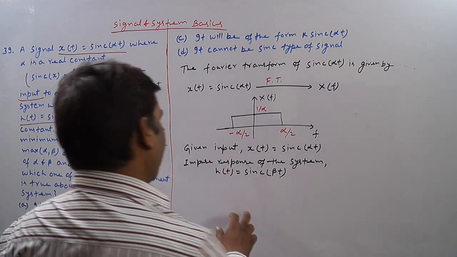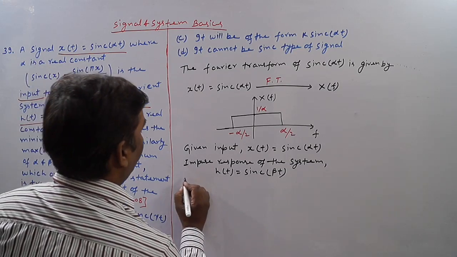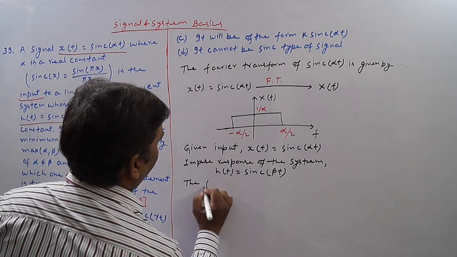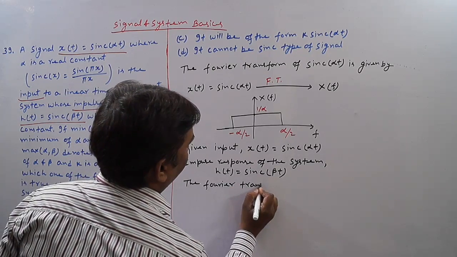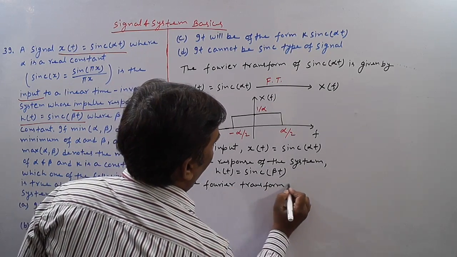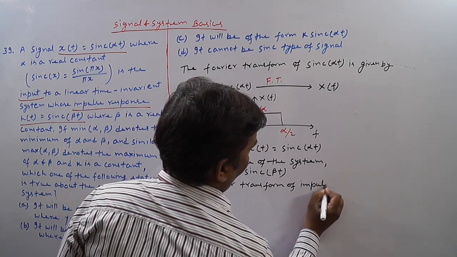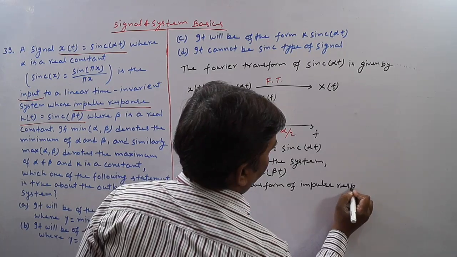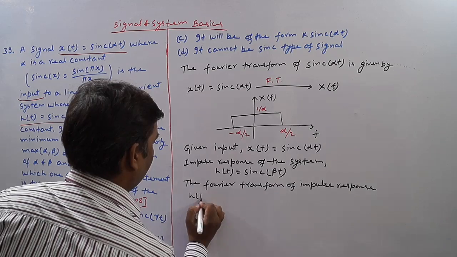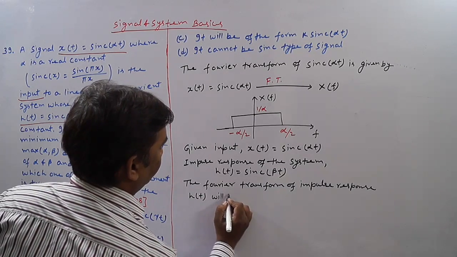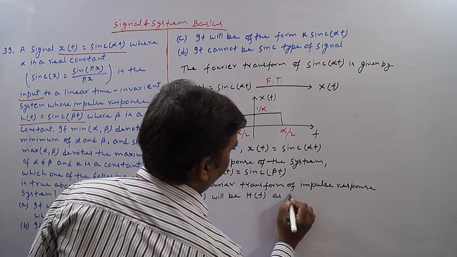So the Fourier transform of the impulse response h(t) will be H(f) as below.